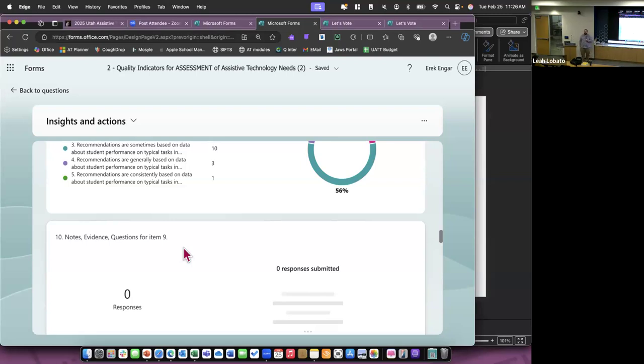The biggest thing was there's certain IEPs that require, as part of their eligibility, a more rigorous documentation of assistive technology assessment. So traumatic brain injury, multiple disabilities, and deaf blind, I think, are the three categories.